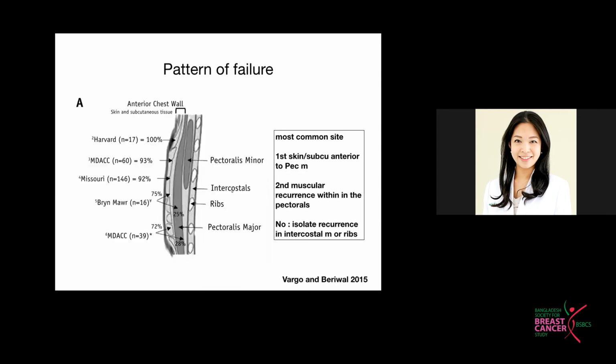When we look at the pattern of failure, the most common site of failure is the skin and subcutaneous tissue anterior to the pec muscle, which is around here. The second most common site is muscular recurrence within the pec muscle. You can see that there is no isolated recurrence in the intercostal muscles or ribs.